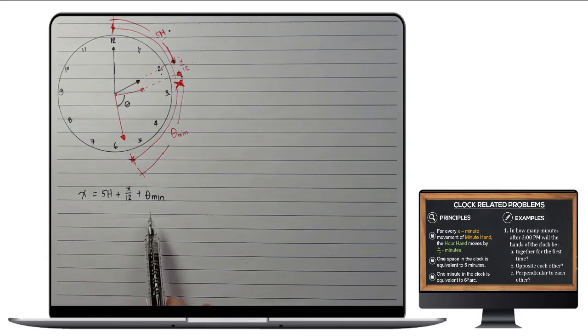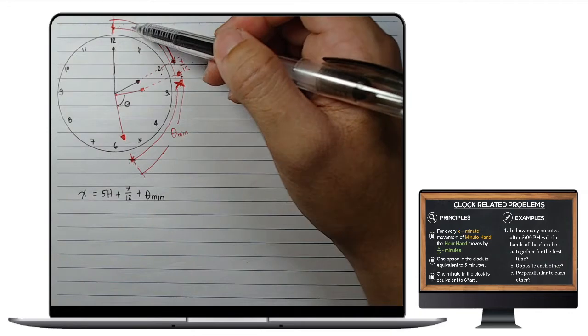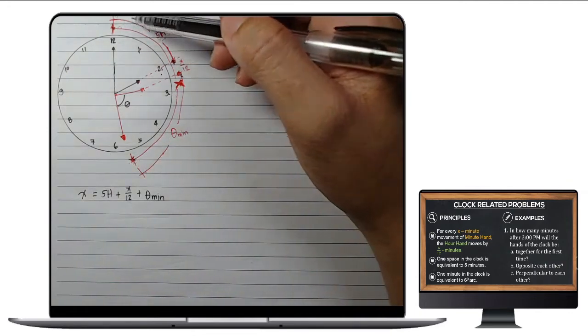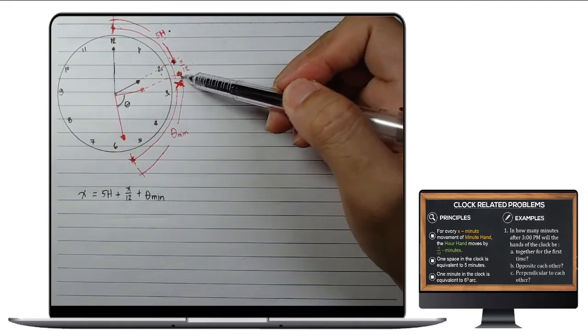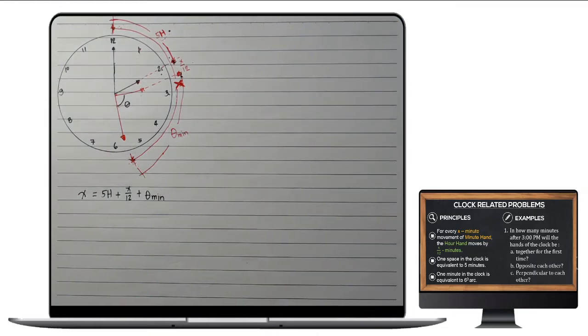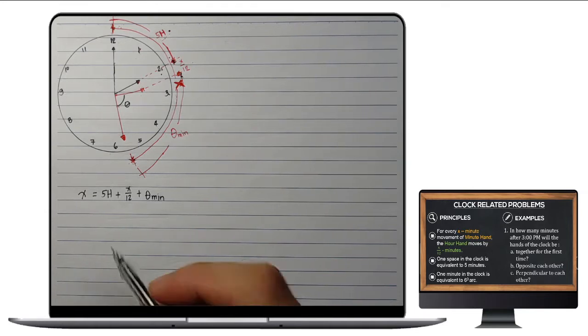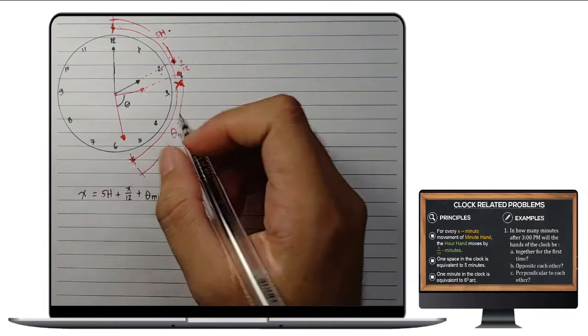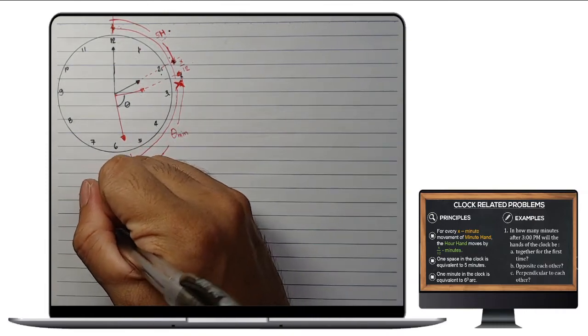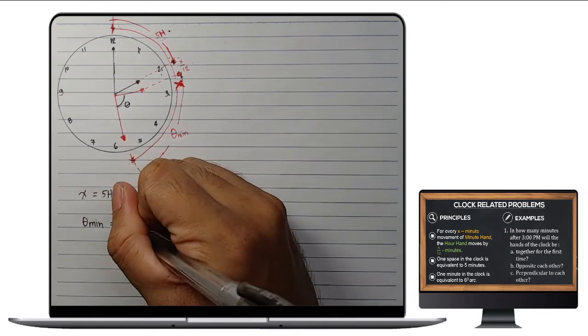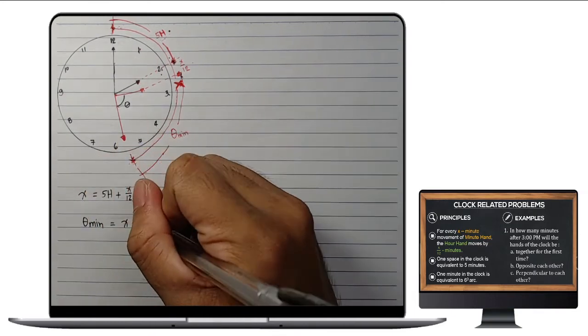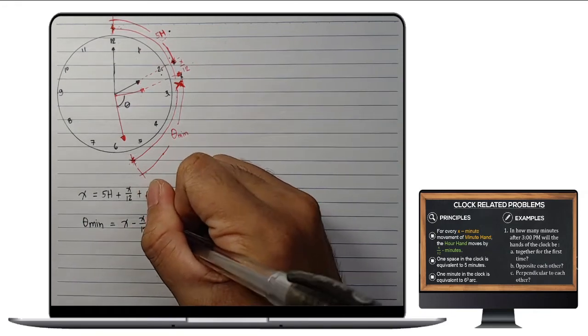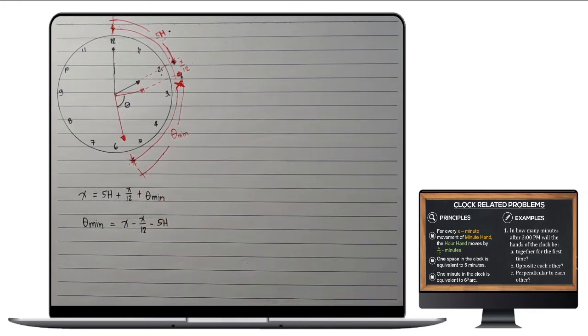So, therefore, we will arrive with this equation that x minutes is equal to 5h plus x over 12 plus theta in minutes. Then, since on most cases, kailangan ma-equate natin doon sa equivalent angle, so transpose lang natin. So, we can say that theta in minutes is equal to x, transpose ko lang yon, minus x over 12 minus 5h.